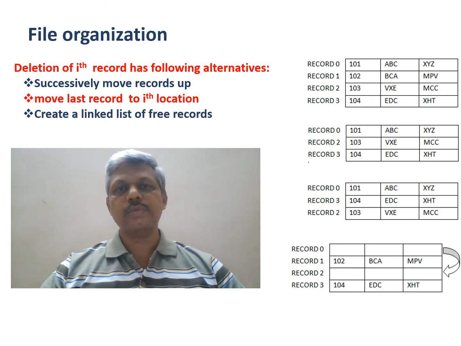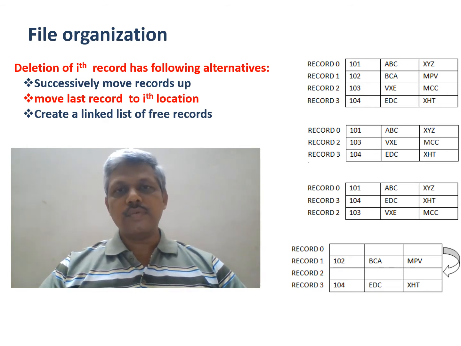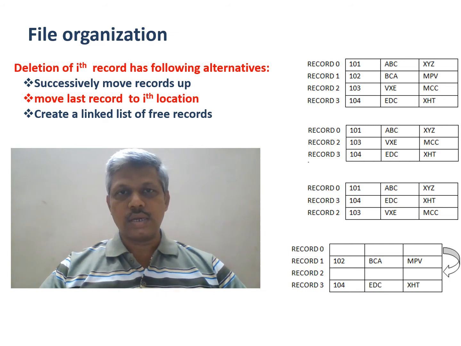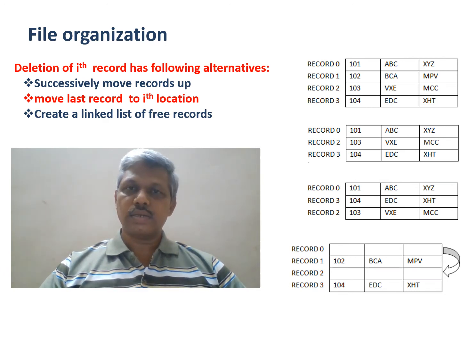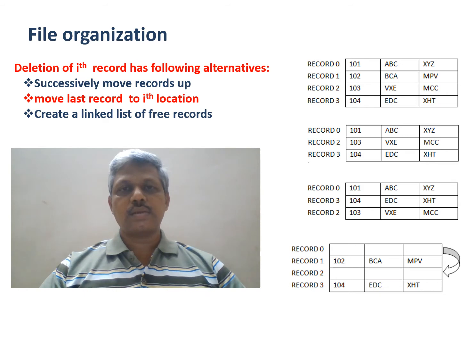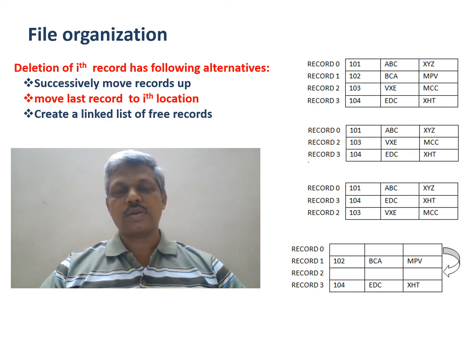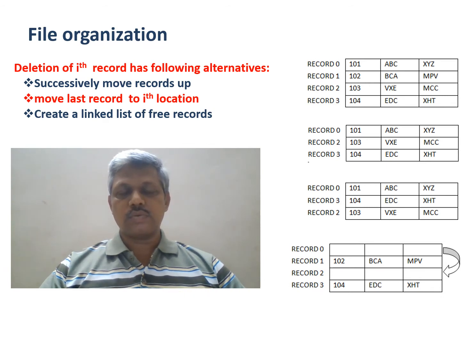This is another option. And the third one is, instead of moving all these records, just maintain a linked list of free records. Starting from the 0th record, whenever an ith record is freed, you store the starting address of that record in the first record which is freed.